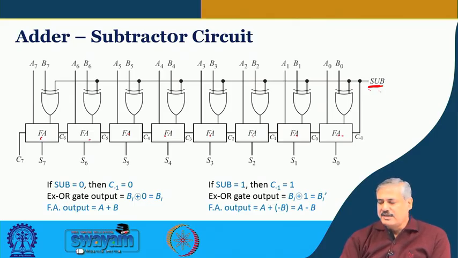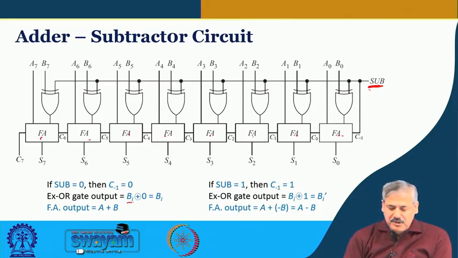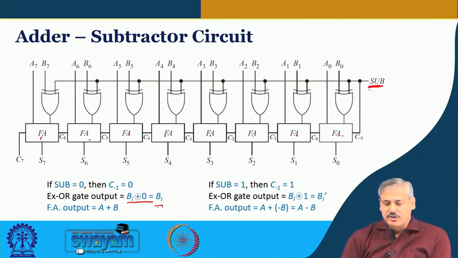When this is 0, we know the XOR relationship: any input XORed with 0 is the input itself. So at the output of the XOR gate, the number B itself will come, B7 to B0, and the carry input will be 0. So it will be a standard addition.